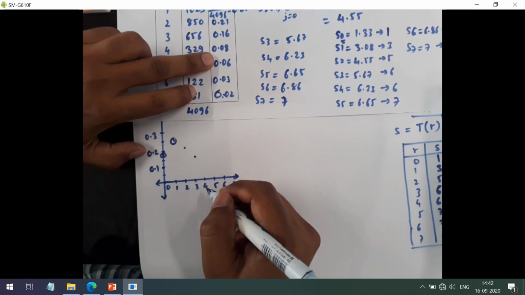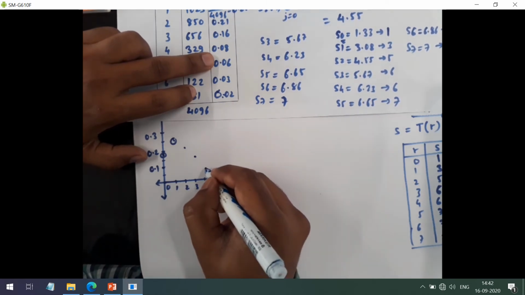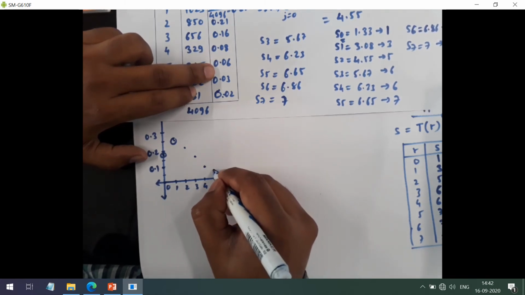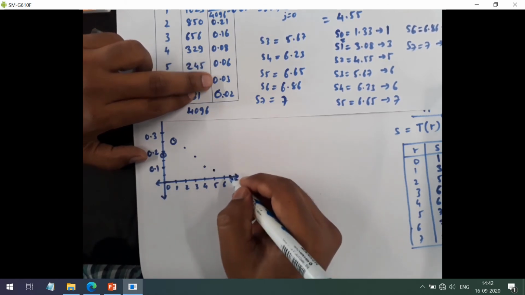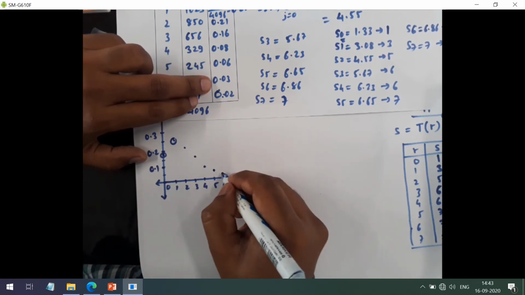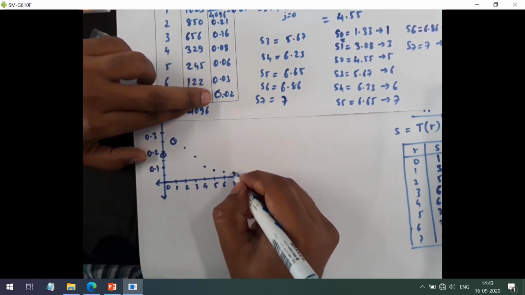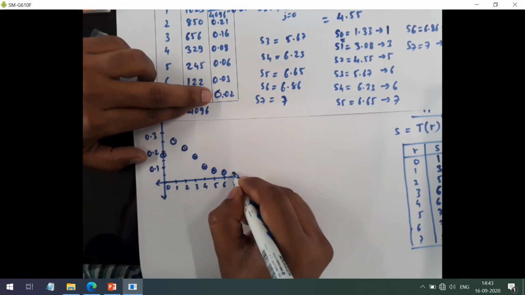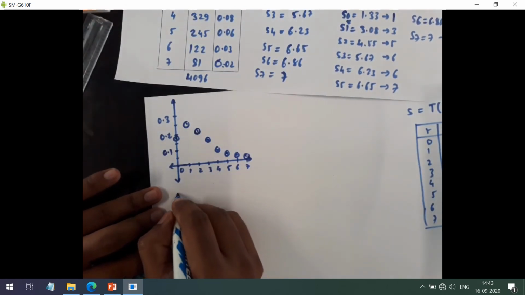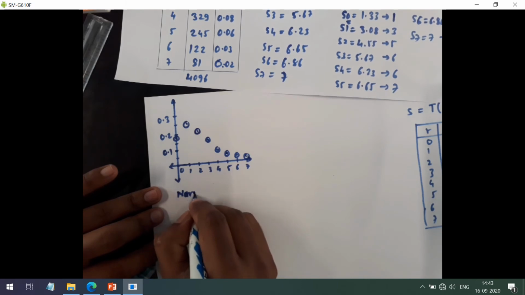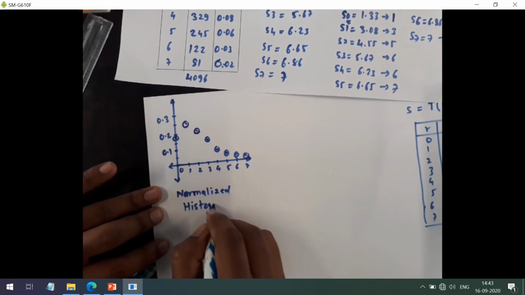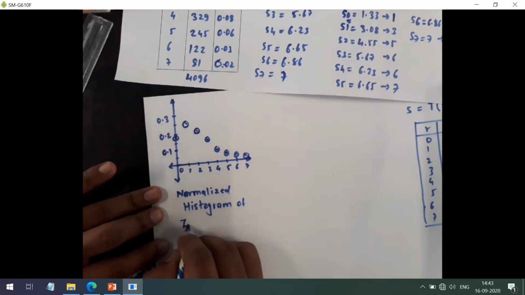For 4 it is 0.08, which should be near to 0.1. Then 0.06, just above the 0.05 mark. Then 0.03, so here it may be, then 0.02. Okay, so this is the normalized histogram of the input image.